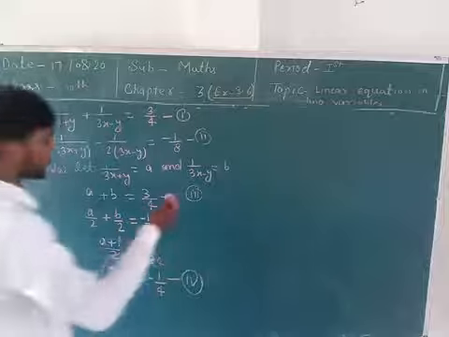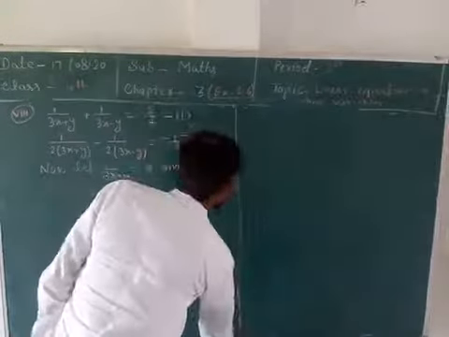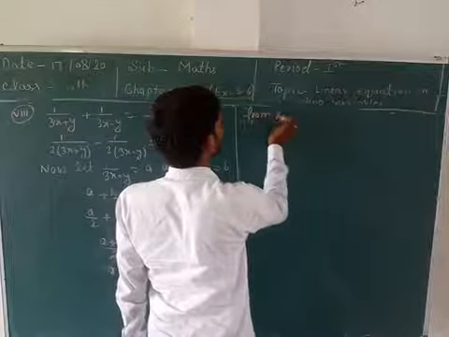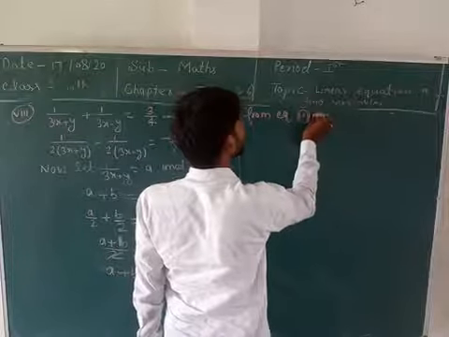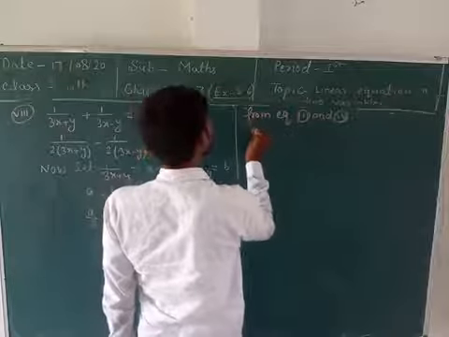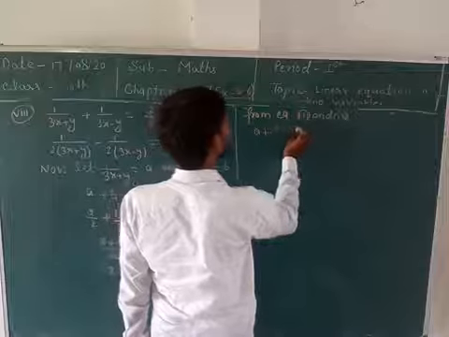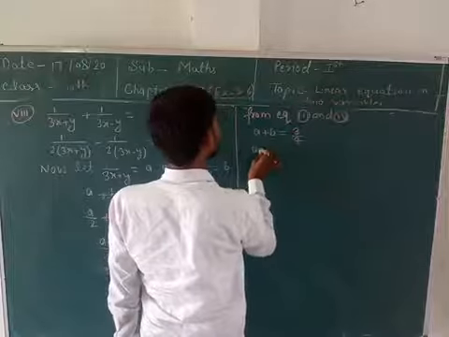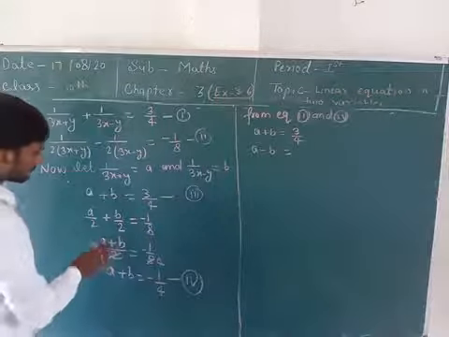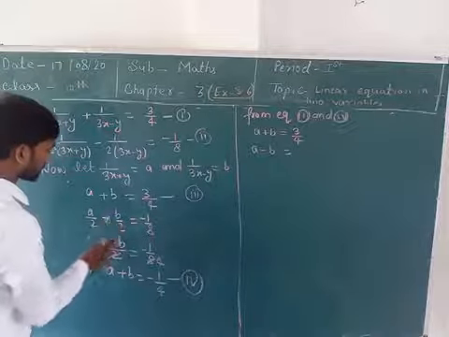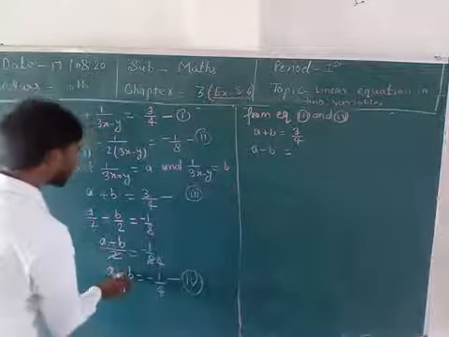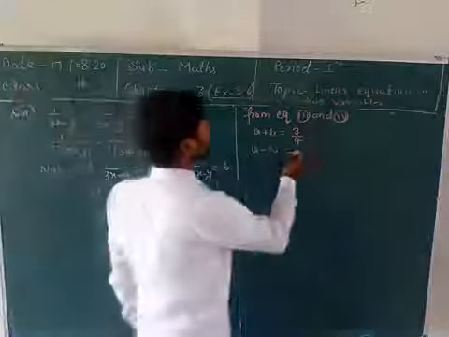Now from equation 3 and 4 we have a plus b equal to 3/4 and a minus b equal to minus 1/4.